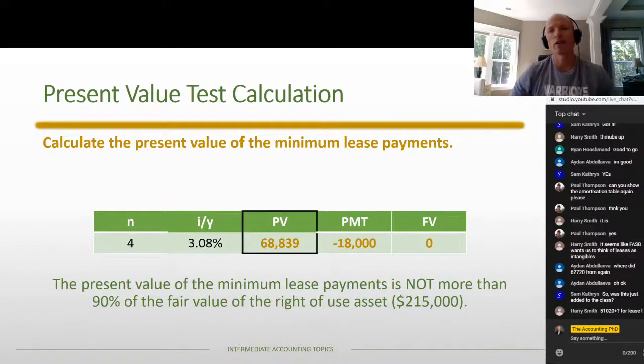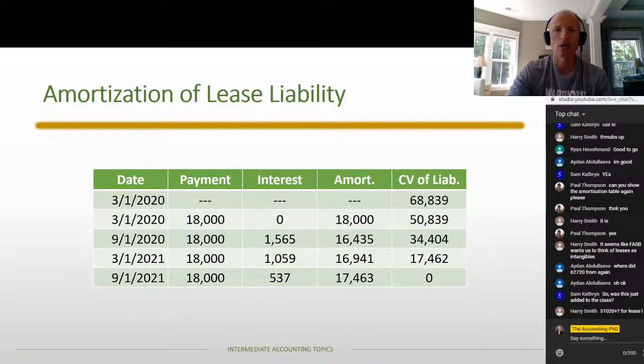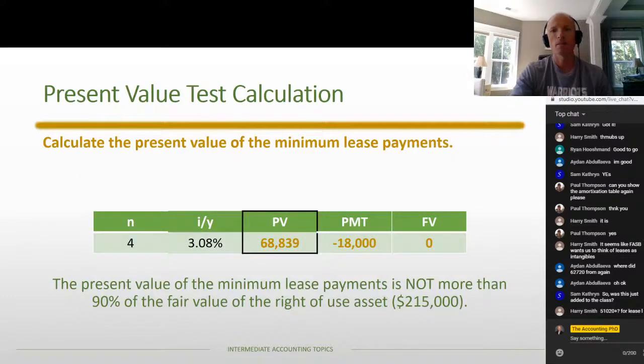And so the present value of the minimum lease payments is not more than 90% of the fair value of the right of use asset, and so all indications are that this is an operating lease. All right? So again, using the 5 criteria, this is an operating lease. But we still need this present value calculation because even though it's an operating lease, we still need to apply some time value of money principles to the accounting.